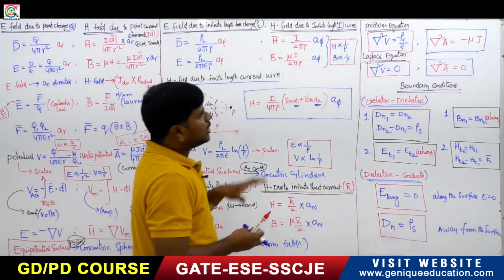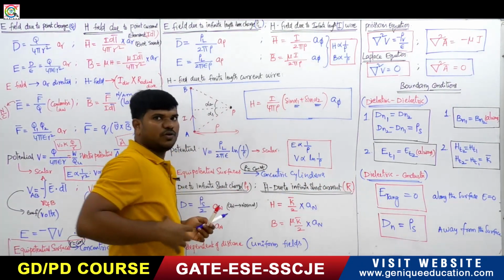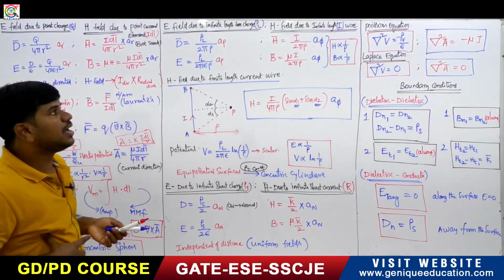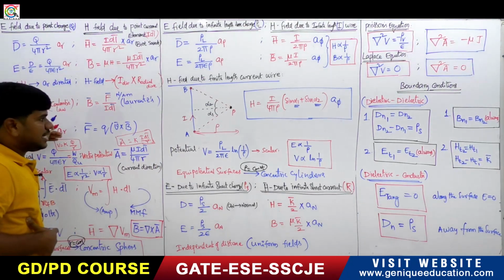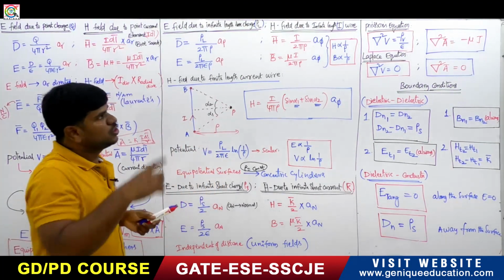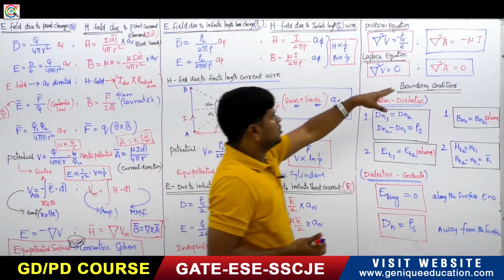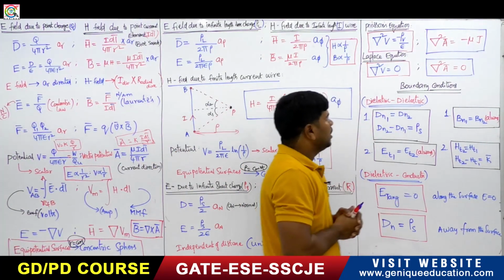So go to that concept and solve 2-3 problems, and it will be very helpful for you. Without using the electric field intensity, we can easily get the charge. Now, these are the next boundary conditions.